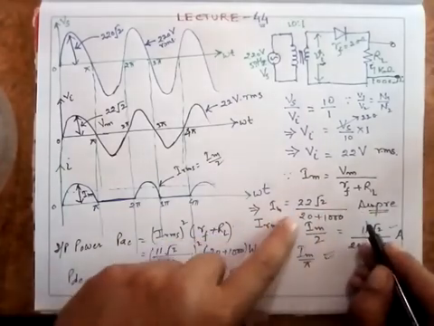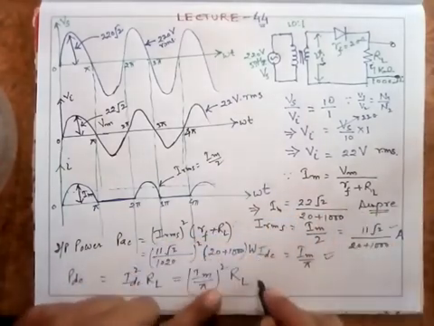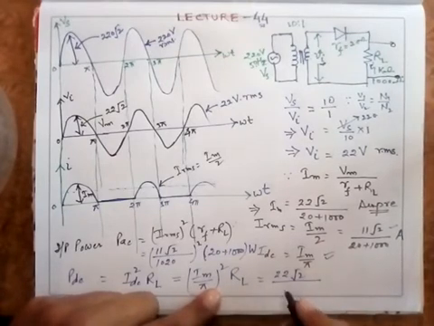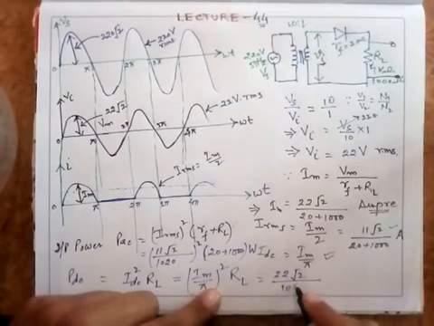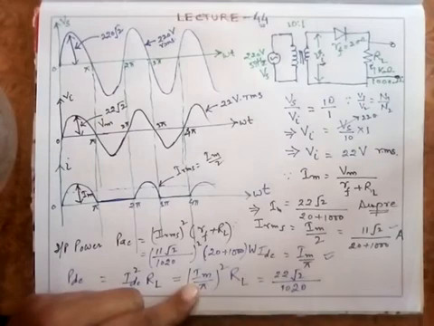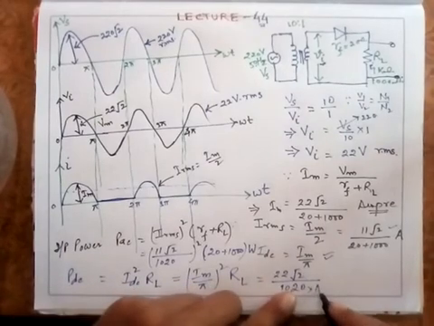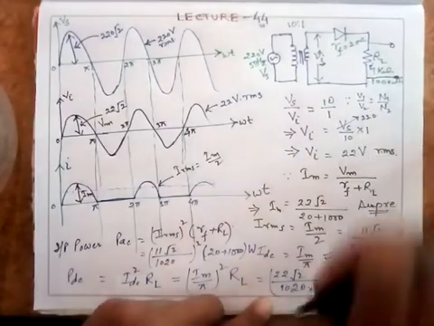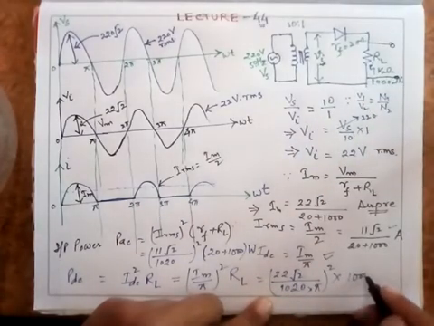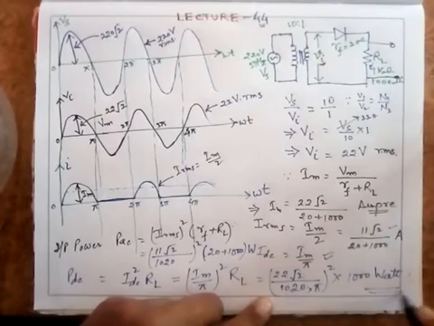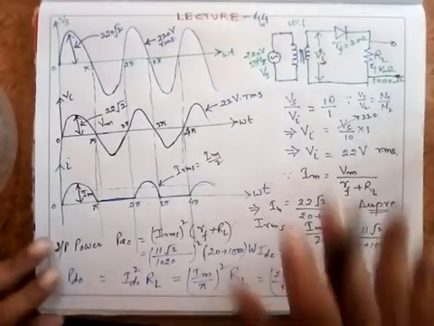This Im is equal to 22 root 2 upon 1020. Yes, this is Im upon pi whole square into RL, which is 1000 ohm, this much watt.